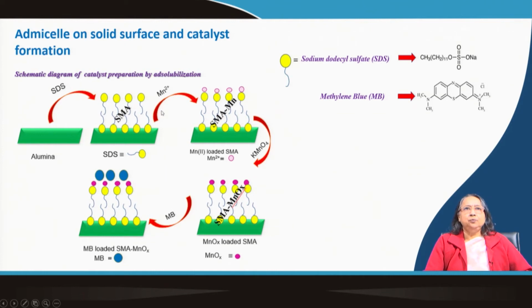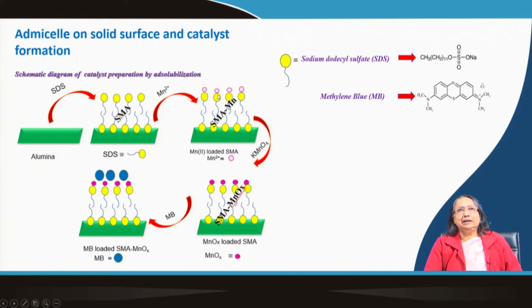Now, if you put manganese 2 plus here, this is a cation, right. So, the cation will be adsorbed on the negative head group. Okay. And so this is the manganese 2 loaded SMA.